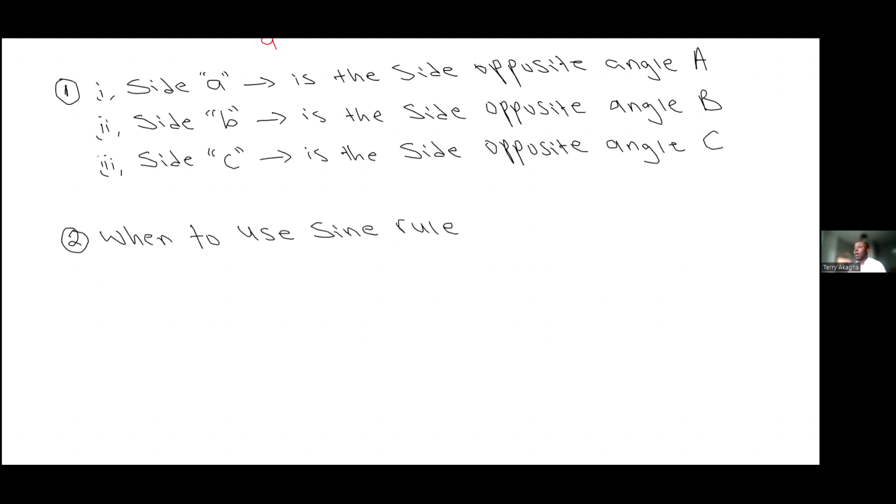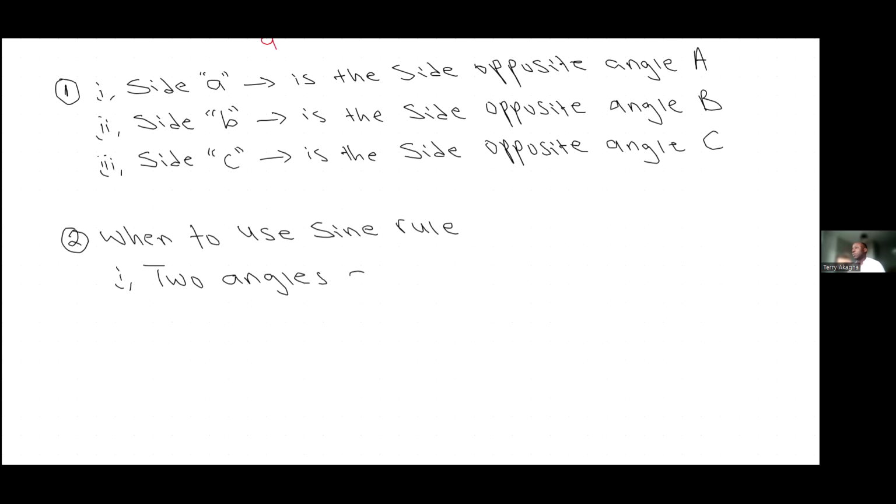The first is that you must have two known angles and a known side, just in case you're looking for one of the angles in the question, so students will not be confused.